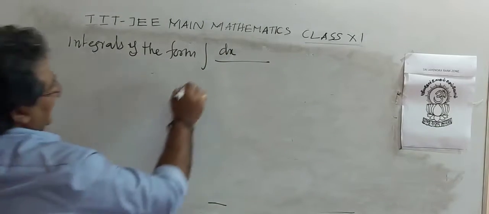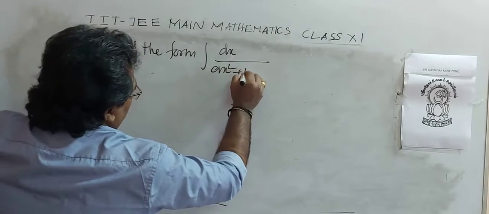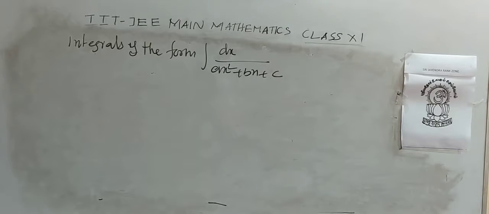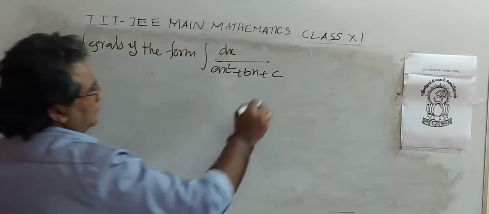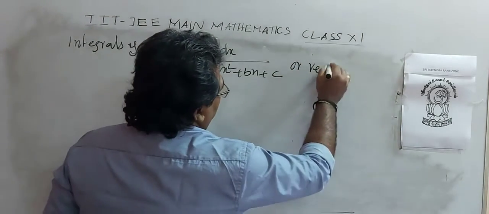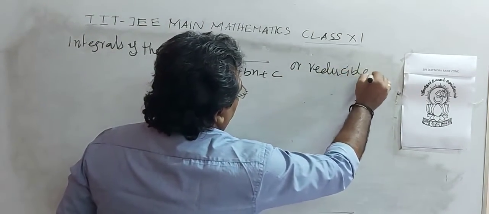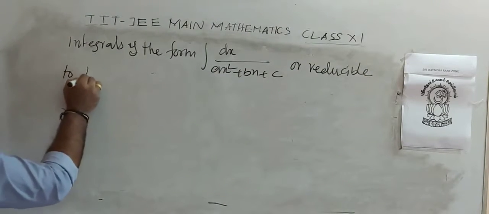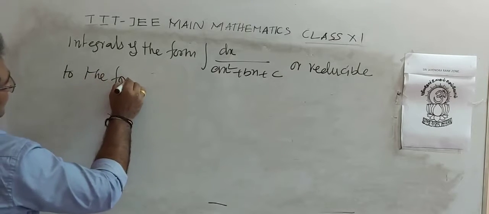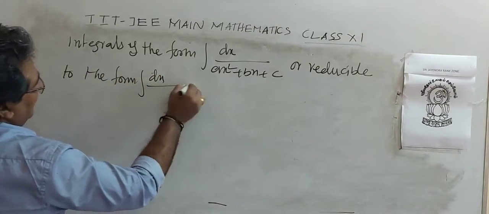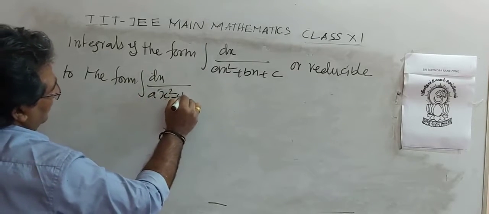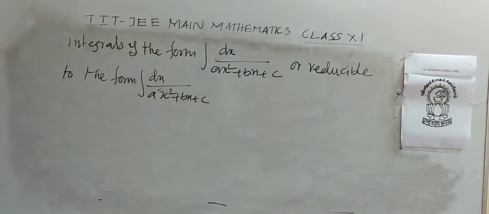Integrals of the form dx by root of ax squared plus bx plus c are reducible to the form dx by ax squared plus bx plus c.